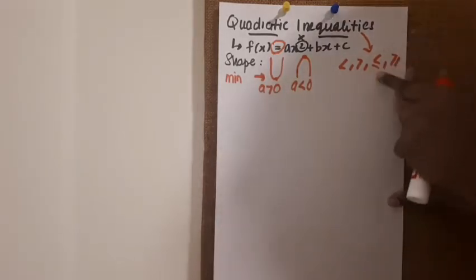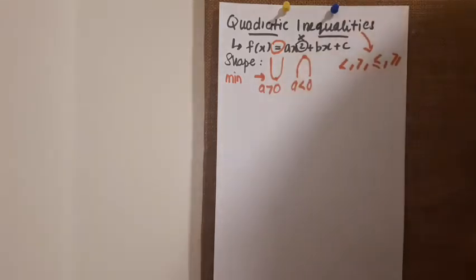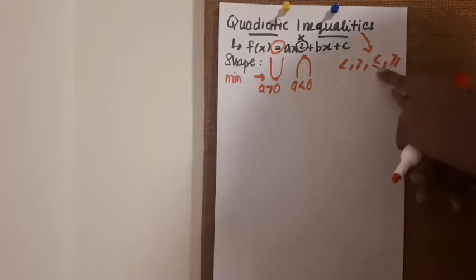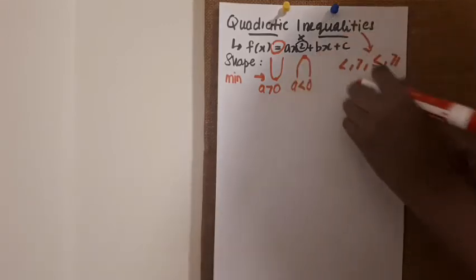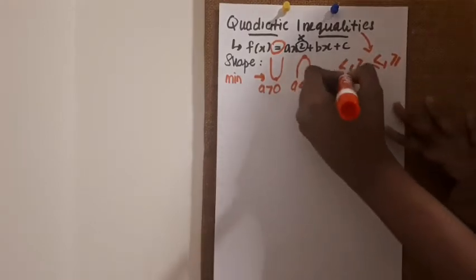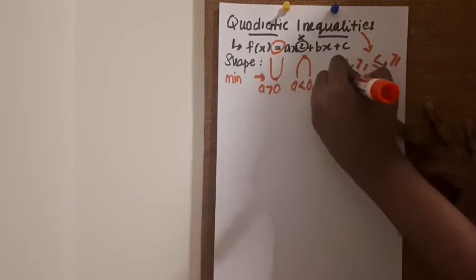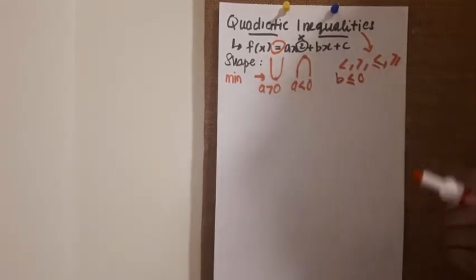When we add the equal sign to the less than or greater than sign, we actually get the equal version. For example, b is less than or equal to 0, which means you have to include the 0.